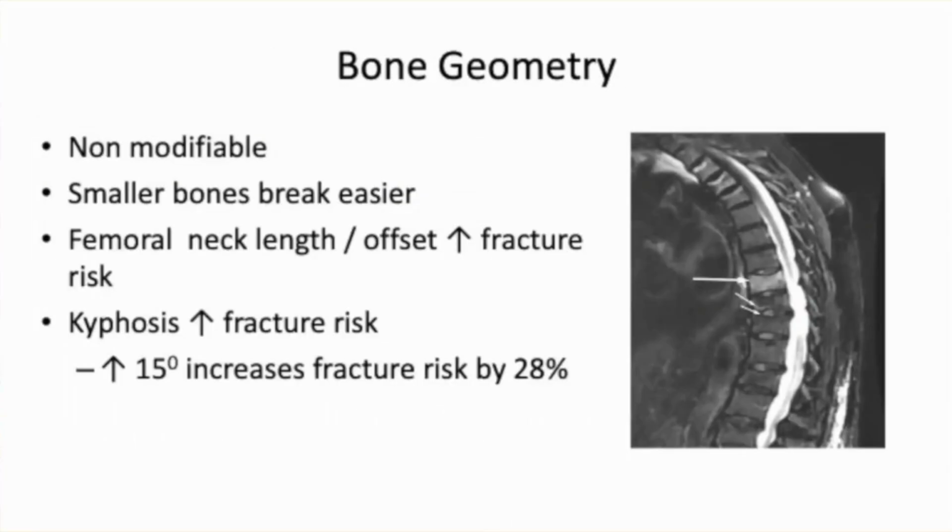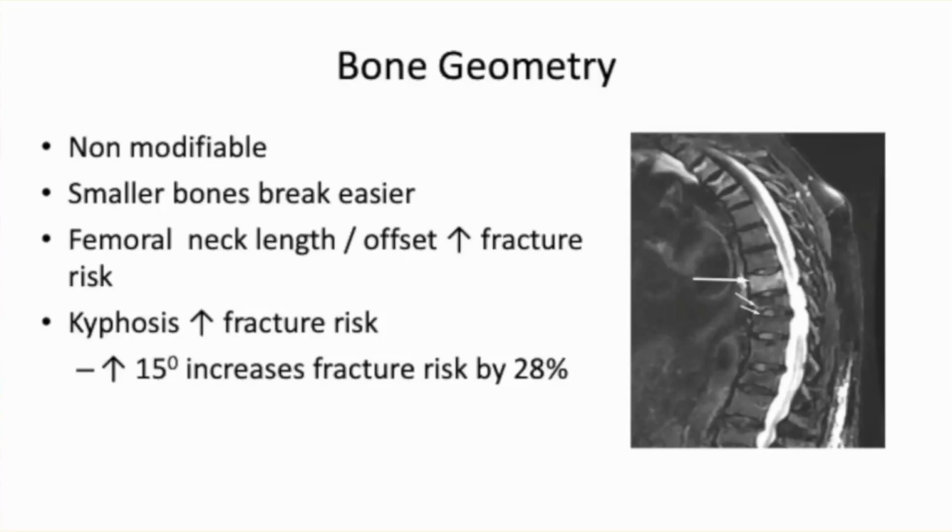Now, I did mention bone geometry. This in general is not modifiable. The basic premise is smaller bones break easier, and that's why we see populations who are very short statured, with small bones, have a much higher incidence of fractures. And then there's some geometry of the femur, such as a long femoral offset, that can lead to fractures.